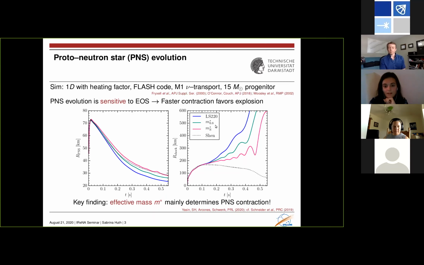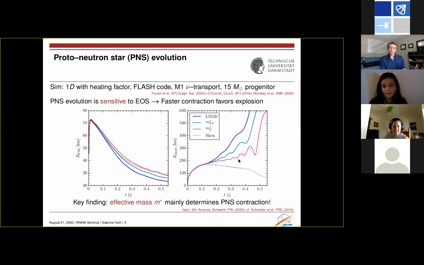The M-star 0.8 refers to a model based on the LS EOS, but uses a value of 0.8 at saturation density for the effective mass. Then with this lower value of the effective mass, your proto-neutron star radius increases. And if you then use this M-star S model, which uses the same effective mass as the original Shen EOS, then you indeed get a proto-neutron star radius that agrees with the one from the Shen EOS.